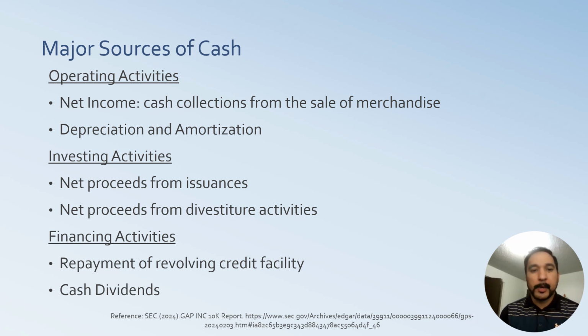We start with operating activities: net income, which is the cash collections for the sales of the merchandise, and depreciation and amortization. In investing activities, net proceeds from insurances and net proceeds from divestitures activities. Also, with financing activities, repayment of revolving credit facility, and cash dividends.